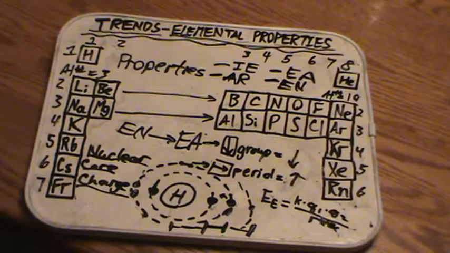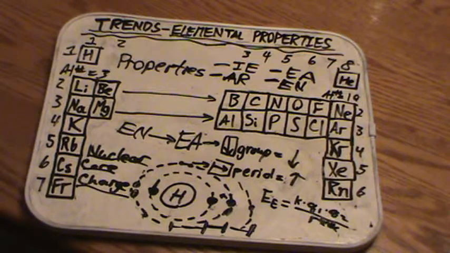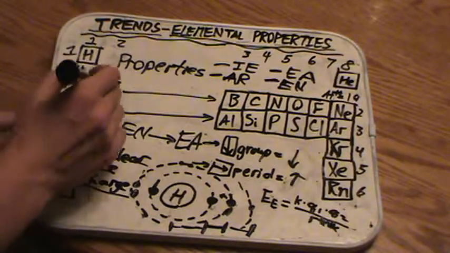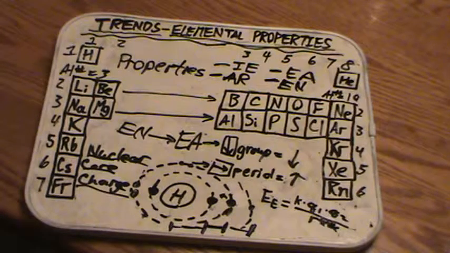So when you move down the group, as we know, the energy level increases. And so therefore, if lithium were to accept another electron right now, it would take on a certain amount of energy.